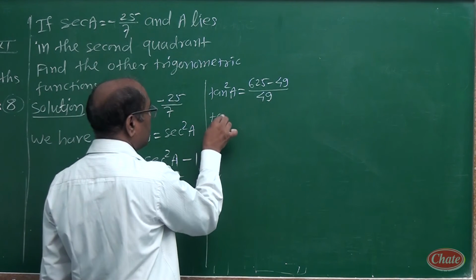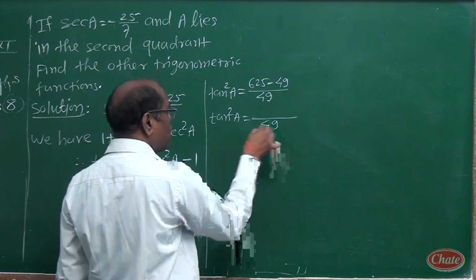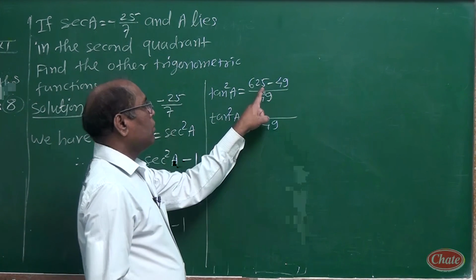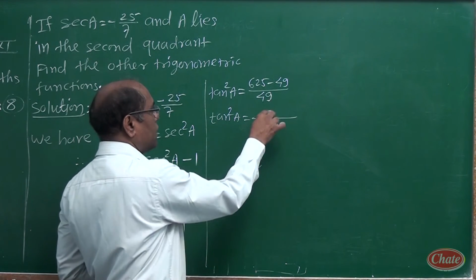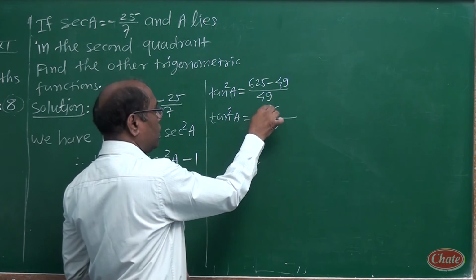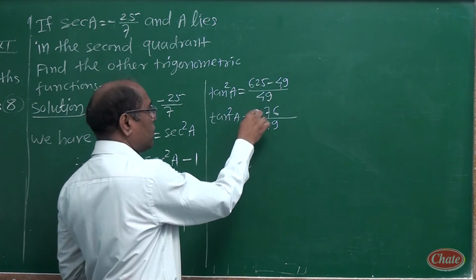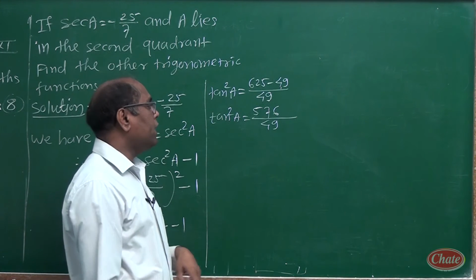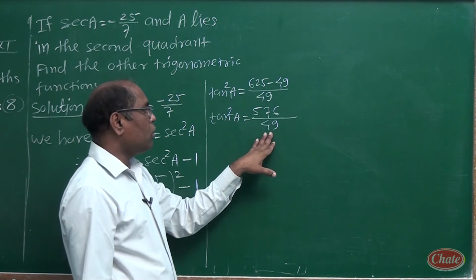So tan square A is equal to, denominator 49, numerator 625 minus 49, which is 576. So 576 upon 49.